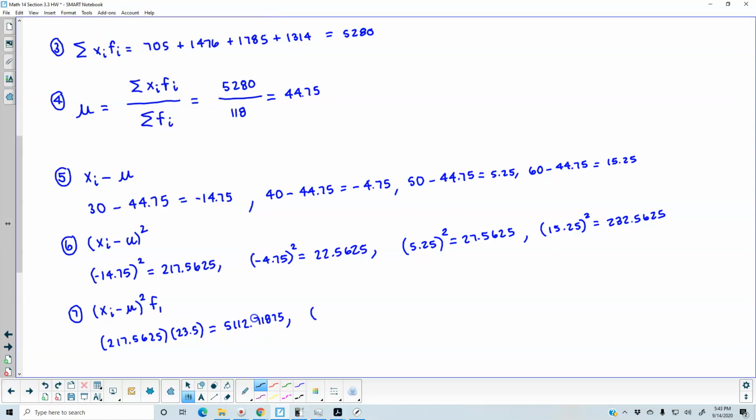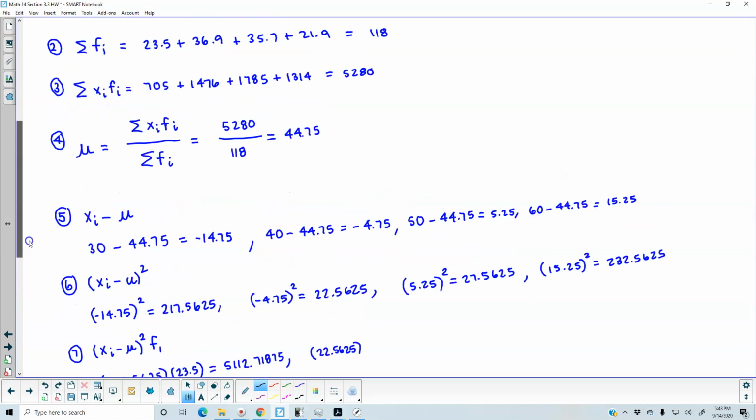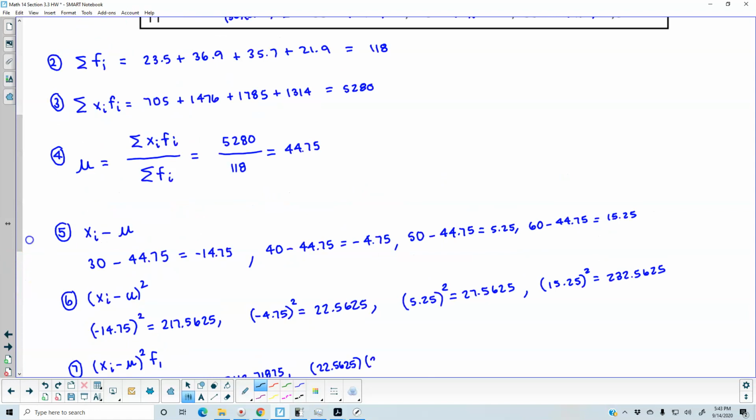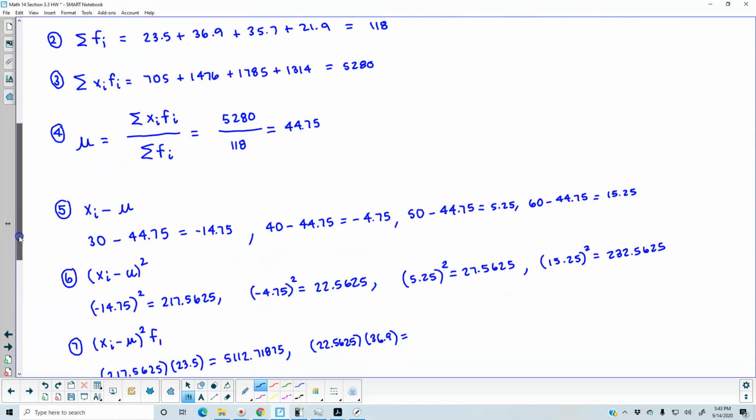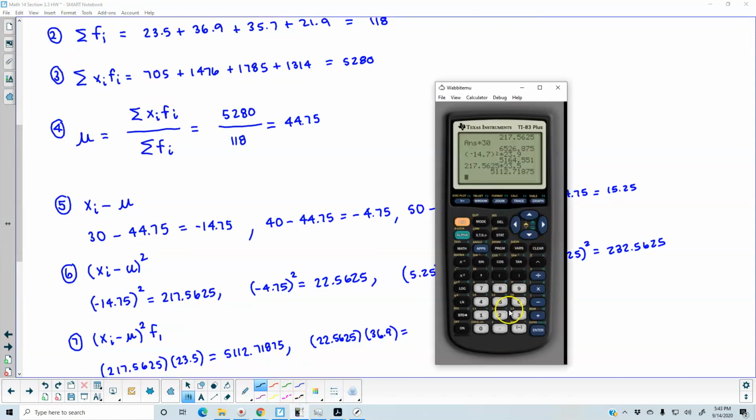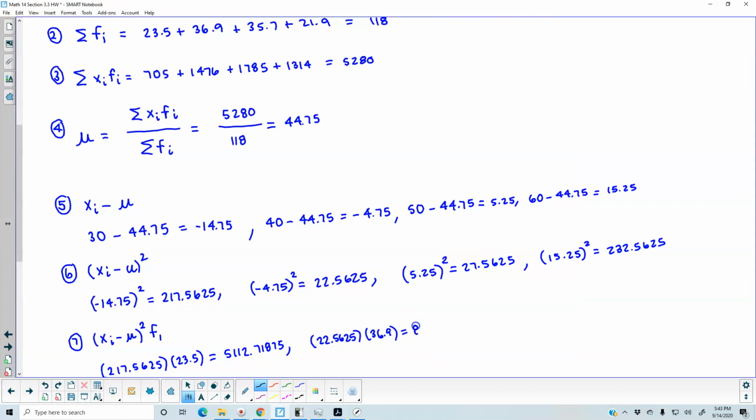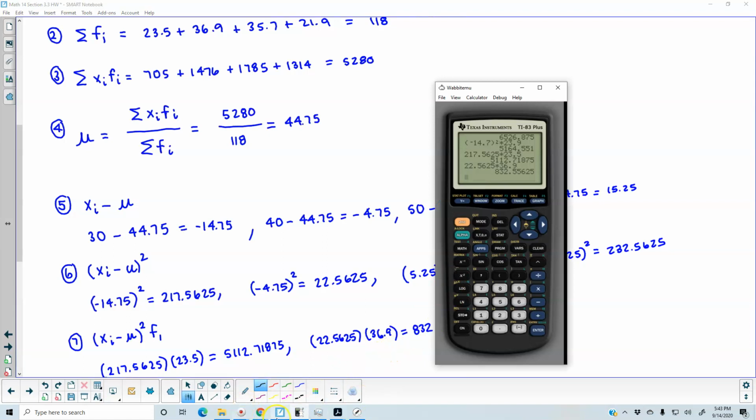And then we're going to take 22.5625 and multiply that by the next frequency, which is 36.9. So 22.5625 times 36.9 gives us 832.55625.